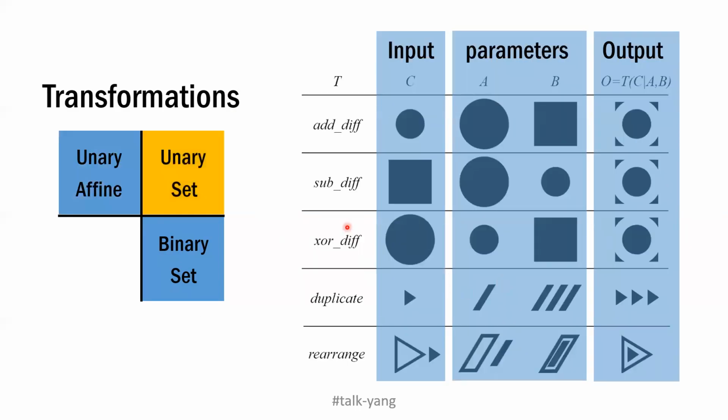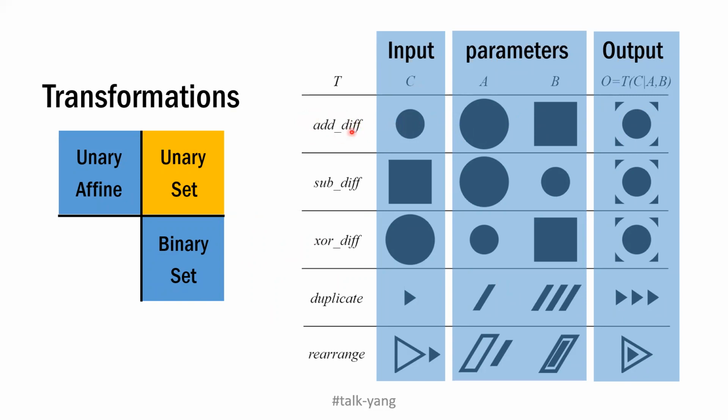And a unary set operation takes a single input image. Given two parameter images, it outputs the images in the last column in the table. The parameter here is used to derive relevant information to allow us to apply the transformation onto the input image.